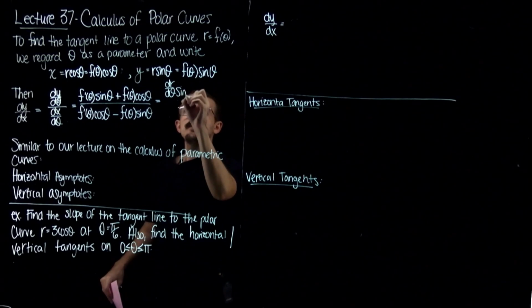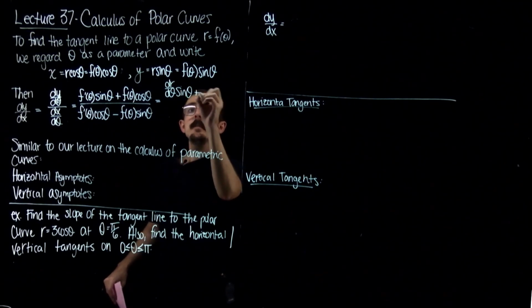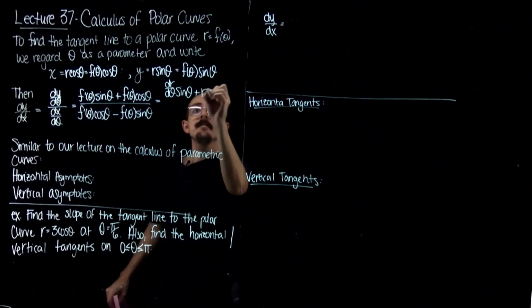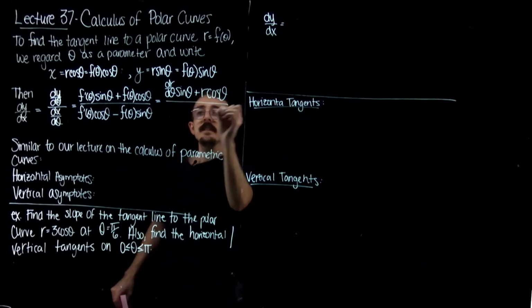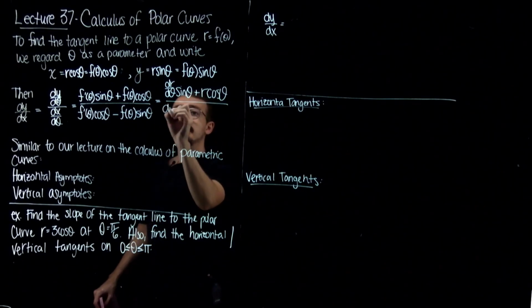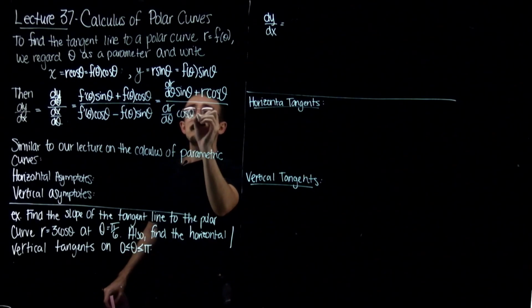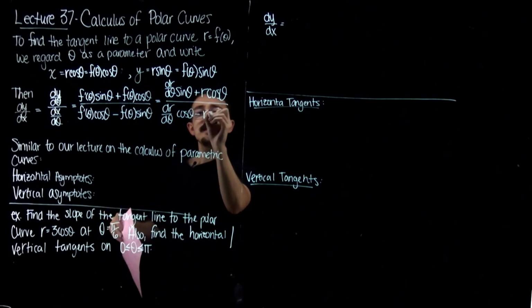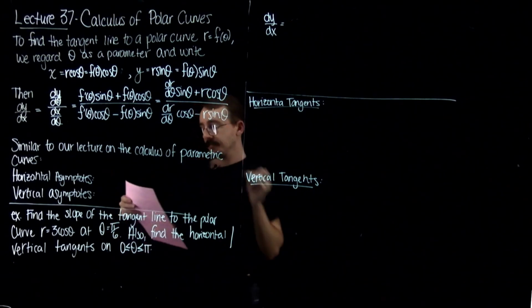And then I'm just going to copy over my sine theta plus, what's f of theta? Well, that's r, and I have cosine theta. And very similarly in the denominator, I have dr d theta times cosine minus, and this f of theta is r, times sine.